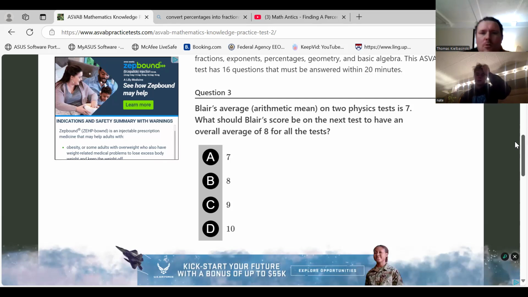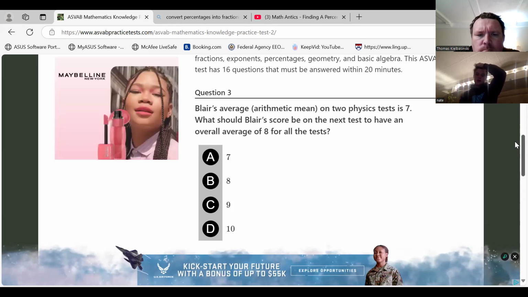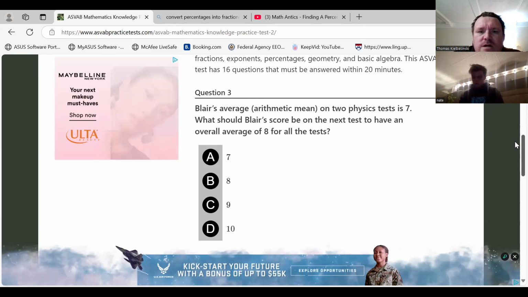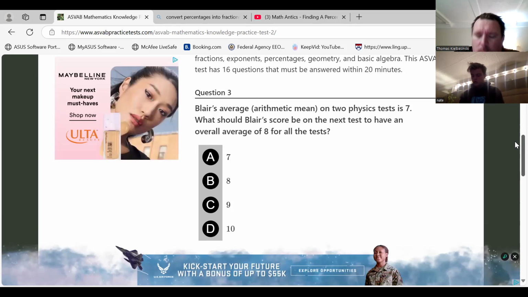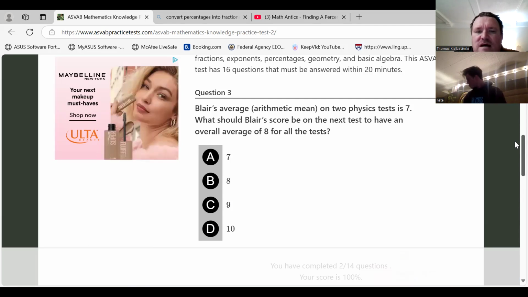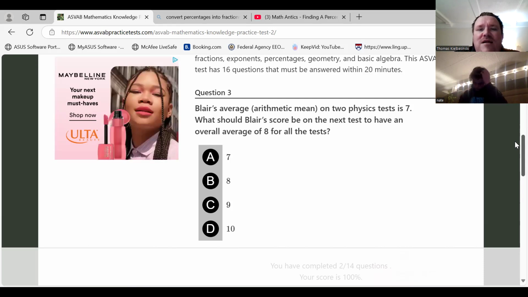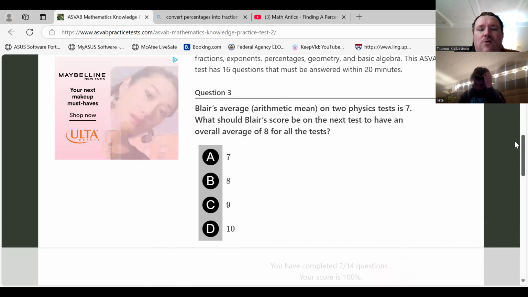Is it multiplication? Is it 7 times 8 or 7 plus 8? One second. Blair's average arithmetic mean on 2 physics tests is a 7. What should Blair's score be on the next test to have an average of 8 on all tests?